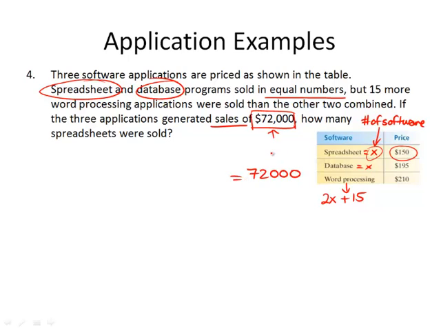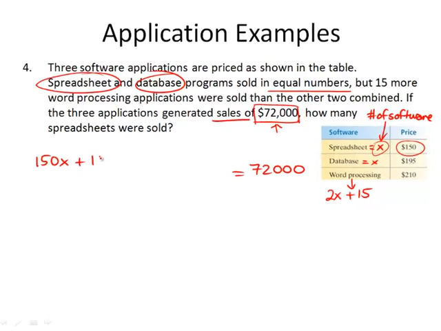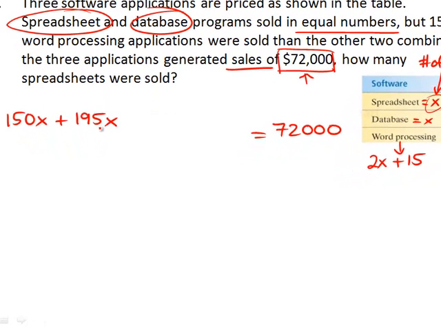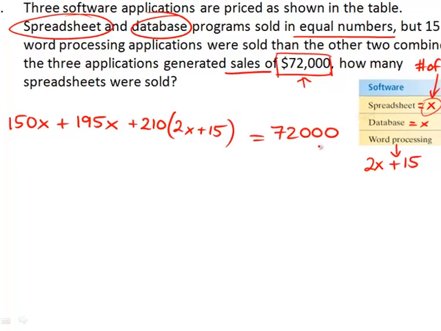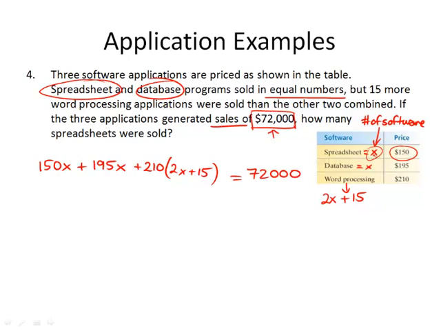So the total number of sales will be taking $150 times X, and then $195 times X, and then $210 times double X and 15 more. So that should all tally up to $72,000. So if we work backwards, use our algebra skills, we can find the amounts of each software sold.